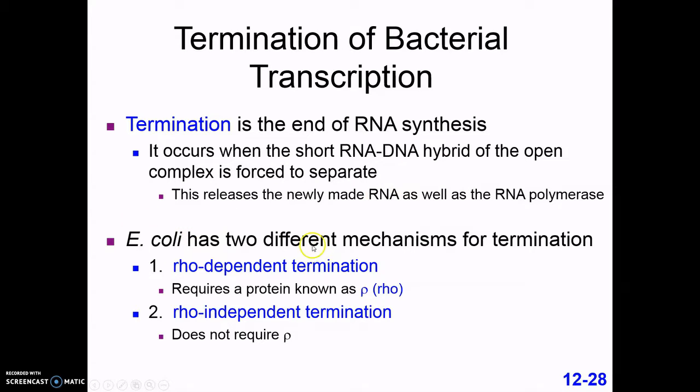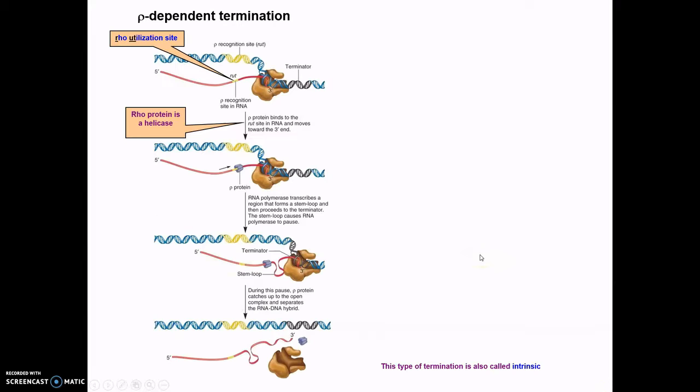And E. coli has two different mechanisms for this. The first one is what we call Rho-dependent termination, and it requires a protein known as Rho. The other one is called Rho-independent termination because it does not require Rho.